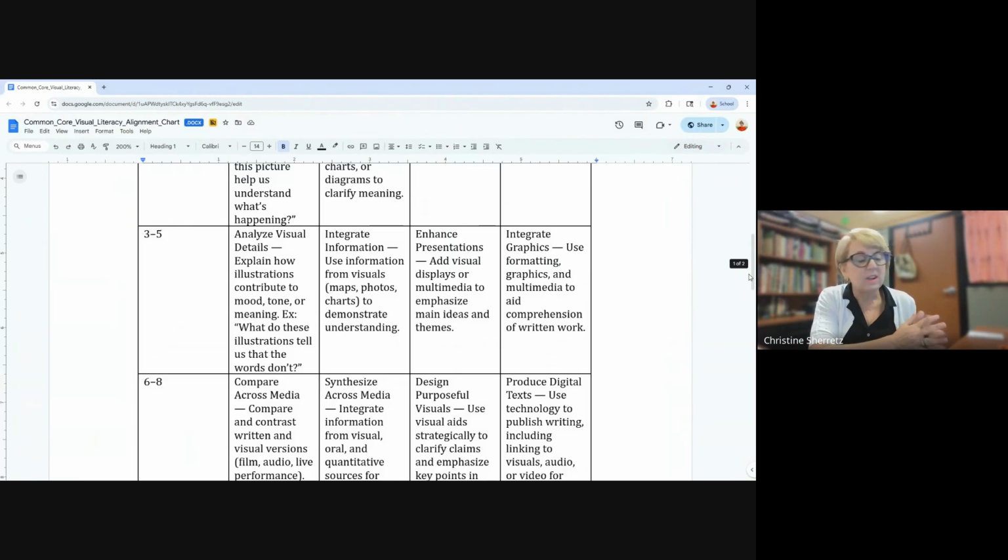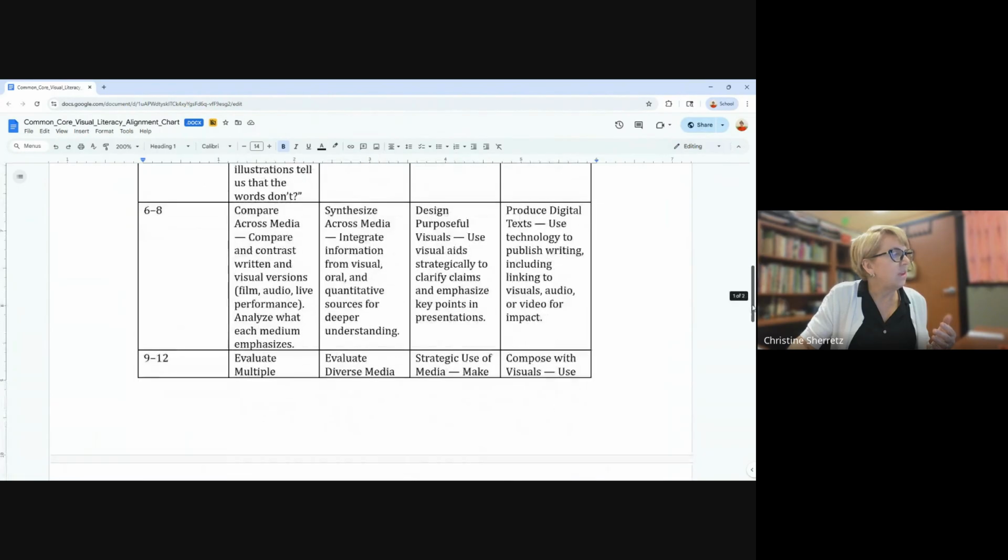For informational text in 3 through 5, how can you use information like maps, photographs, and charts to understand what that informational text is? For speaking and listening, we want students to add visuals or multimedia to emphasize the main idea and themes. And then for writing, we want them to use graphics and multimedia in their written work to enhance the meaning.